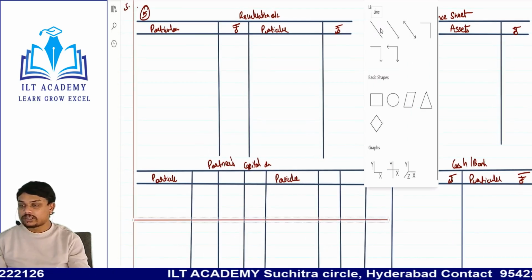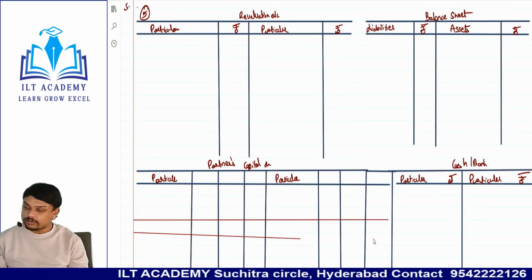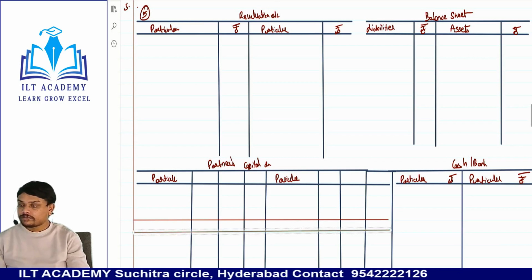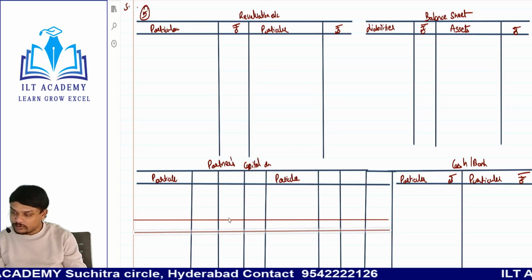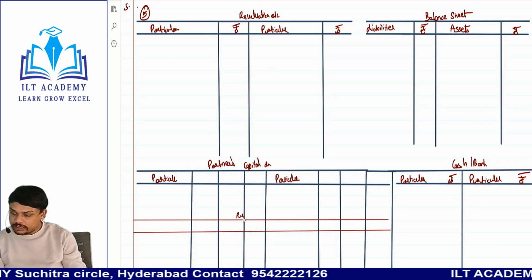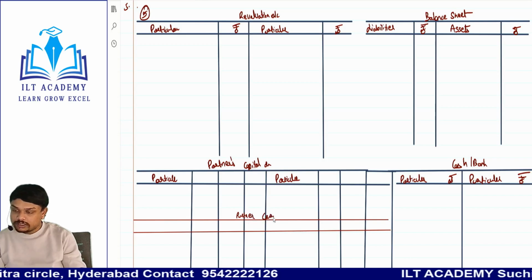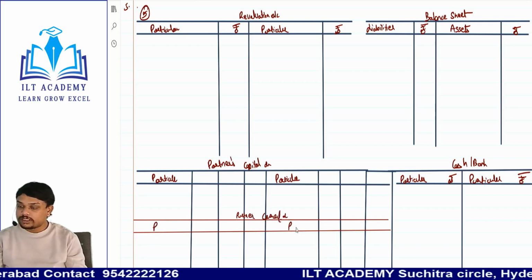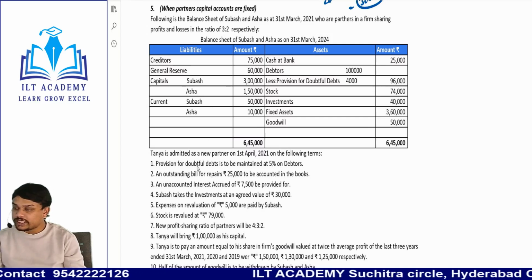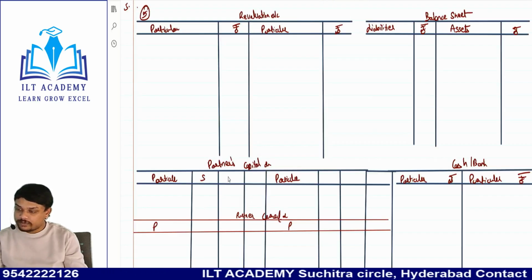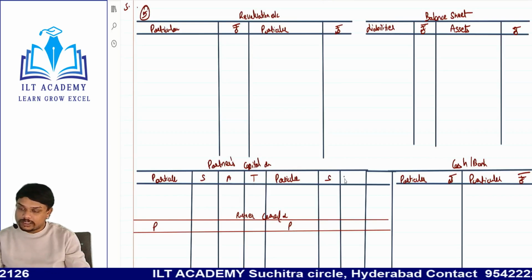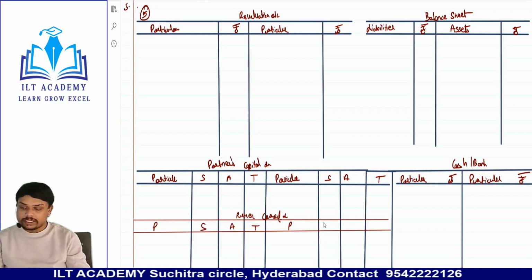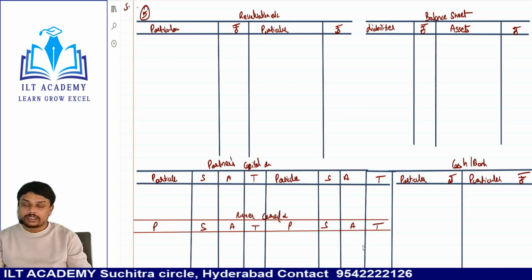Partners' capital. For Subhash, Asha and Tanya. You write complete name. Subhash, Asha and Tanya.